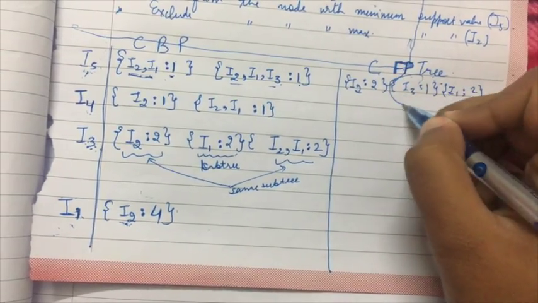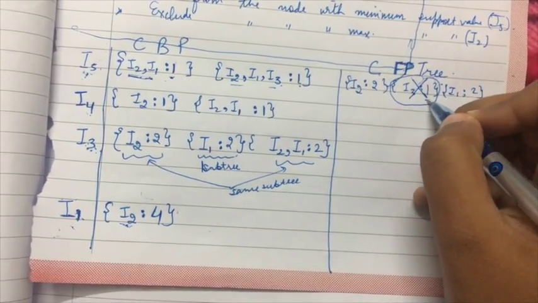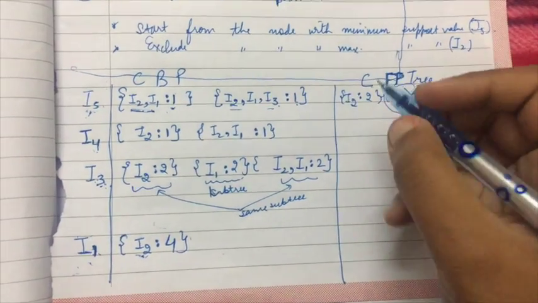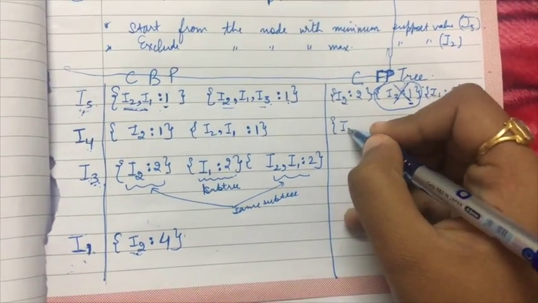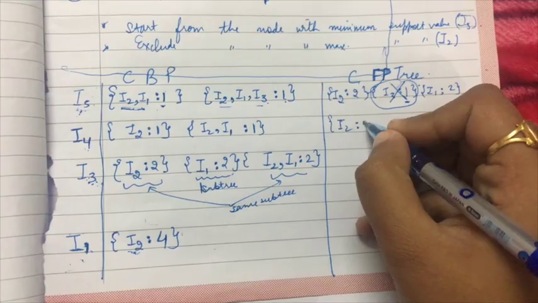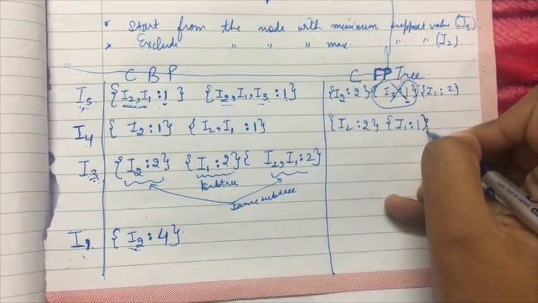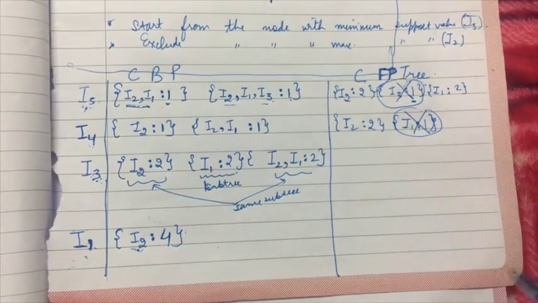So I will discard I3 because it is lesser than the minimum support count mentioned at the start, that was 2. The next is this one: I2 comes out to be 2 times, I1 comes out to be 1 time, so this is discarded.